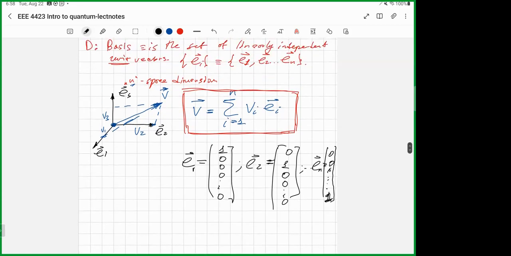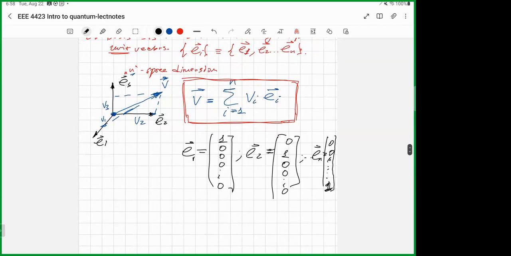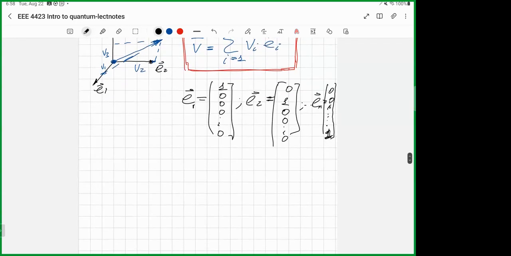So these are the components of the basis vectors in this basis, right? Because the projection of the vector E1 on E1 gives you 1 in length, because the vector is unit. It has unit length. And the projection of E2 on E1, of course, is 0, because the vectors are orthogonal. So that's why the components of these basis vectors in the same basis look like this.